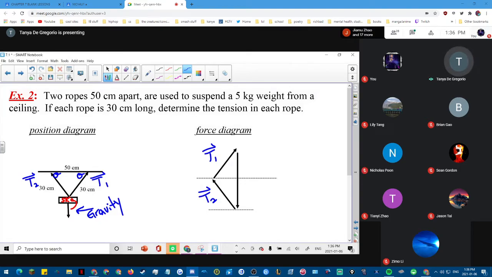The length of the rope is 30 centimeters. But if I'm talking about tension as a vector, it's my force, so I don't know the magnitude of my tension. Do I? We do know gravity, so we can find the magnitude of gravity very easily.